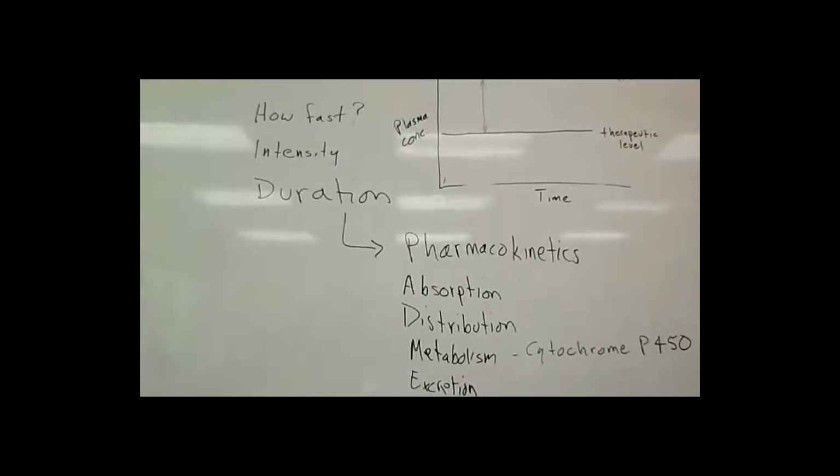So liver and kidney disease are issues. The liver for us is a metabolic organ, rather. The kidney is the main excretory organ. Most of our drugs are excreted through urine.